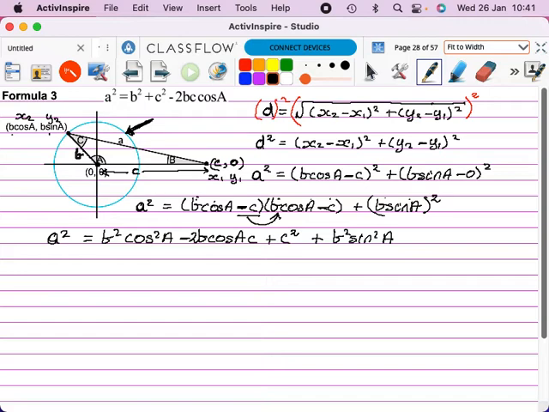And we keep moving. So now we've got a squared is equal to, putting it in a pattern, b squared cos squared A. And I've noticed at the end here is plus b squared sin squared A. So I'm going to put them next to each other because, quite frankly, it seems like a nice fit. I've also got plus c squared.